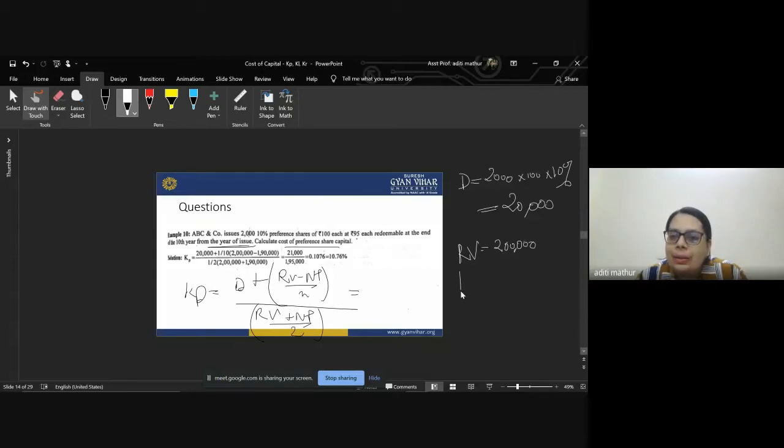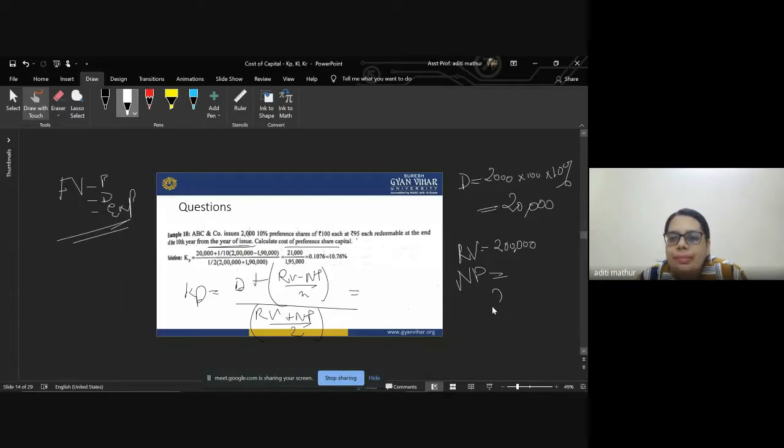Now let us calculate net proceeds. So the net proceeds formula is face value, right, minus premium minus discount minus any other expenses. But in this question, we are already given that it was issued at 95 rupees.